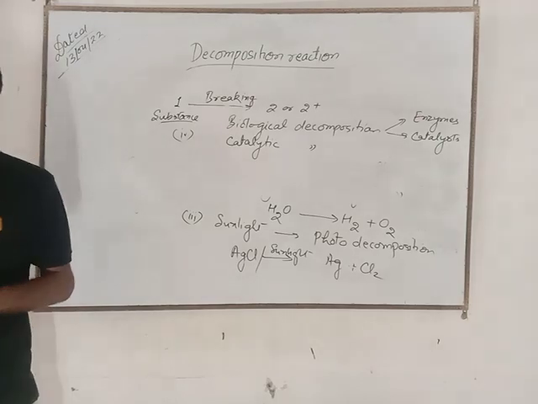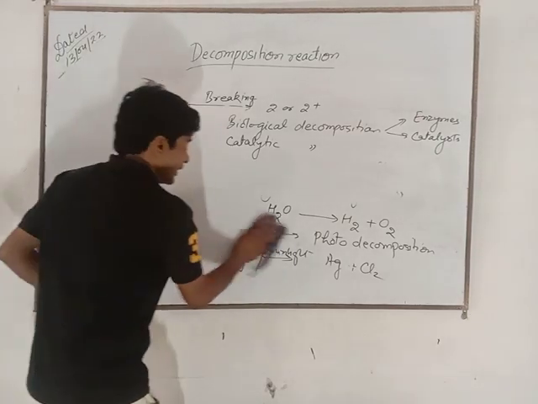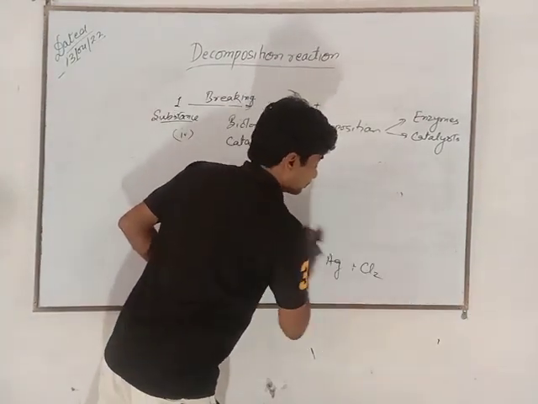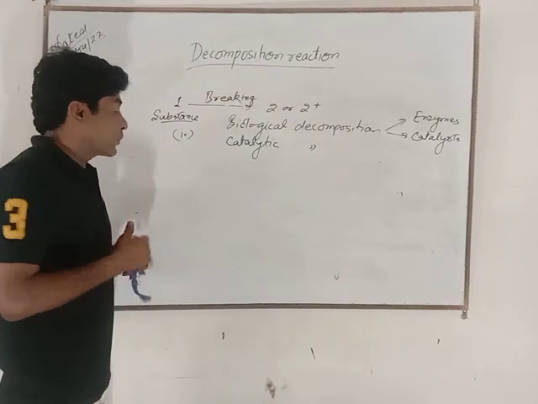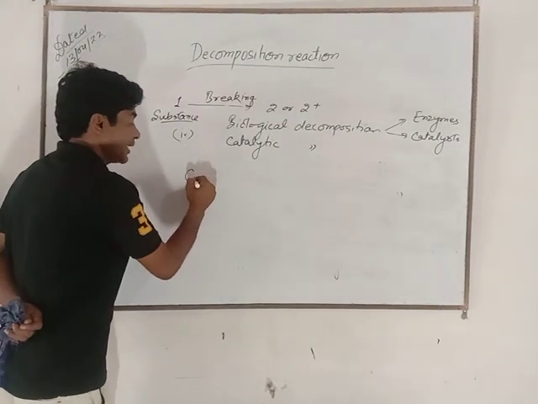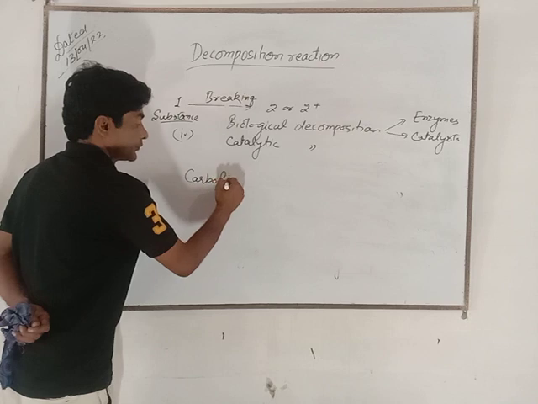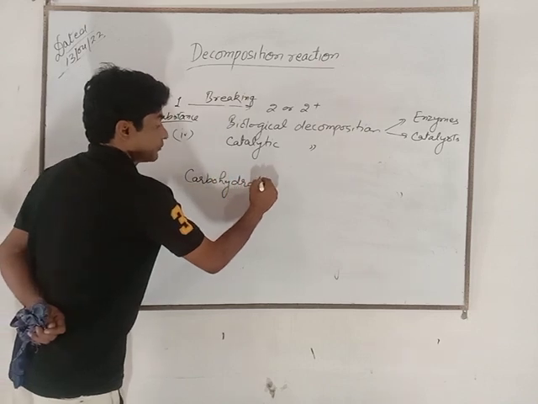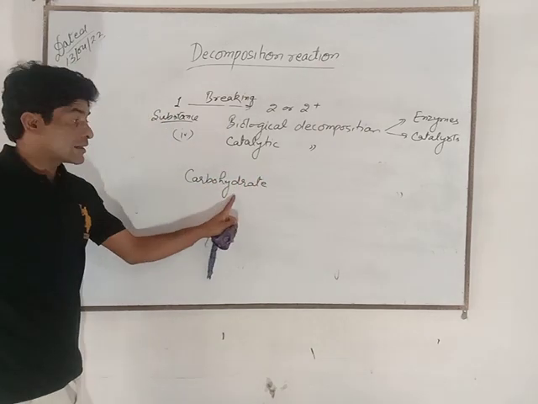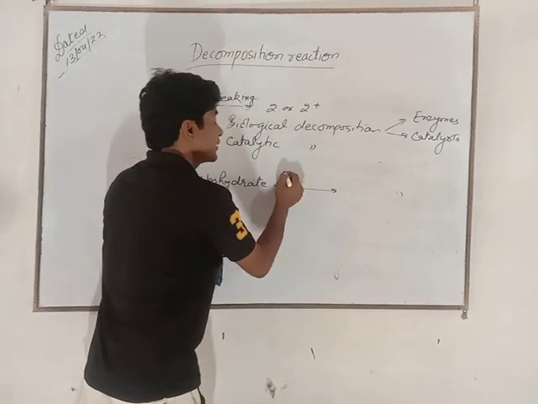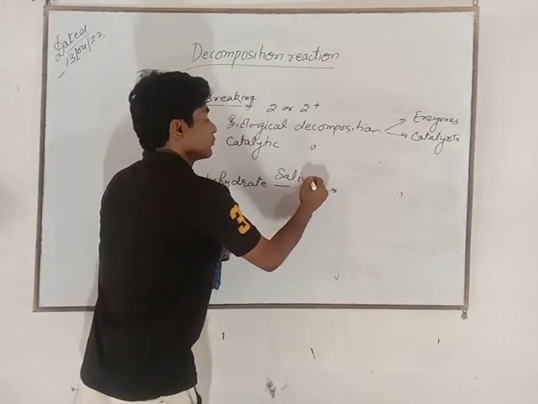One best example is the digestion process. In the digestion process, suppose here is carbohydrate, only one single substance, by the function of salivary amylase.